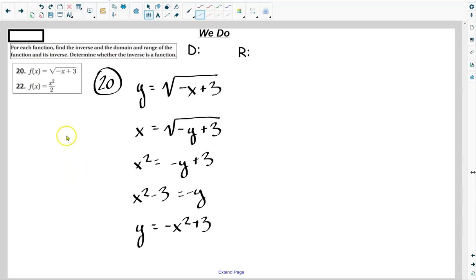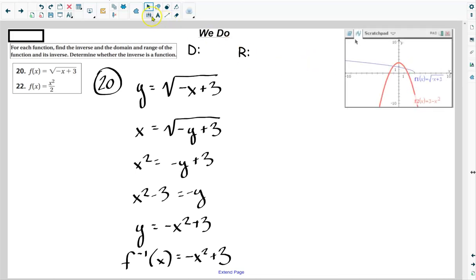So now that I have the function and its inverse, and this down here isn't necessarily an inverse function, we can call it an inverse relation just to be safe. Now that we have the function and its inverse, we can go ahead and come in here and graph it.